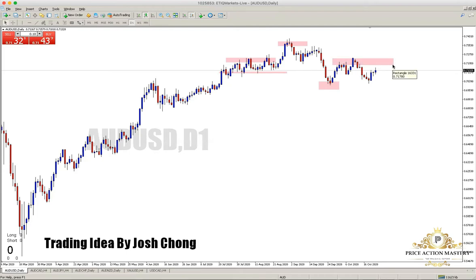For this AUD USD, I think the market may move until this level, then we can see the market going downside. Just a little bit of gap for it to close, and then we are looking for downside for AUD USD.